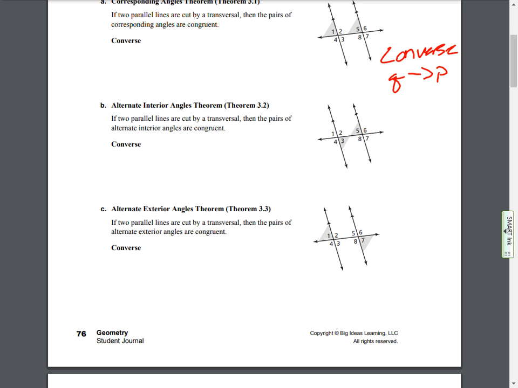B: if two parallel lines, there's my P, parallel, then they're congruent, there's Q. I'll break this down a little bit for us.